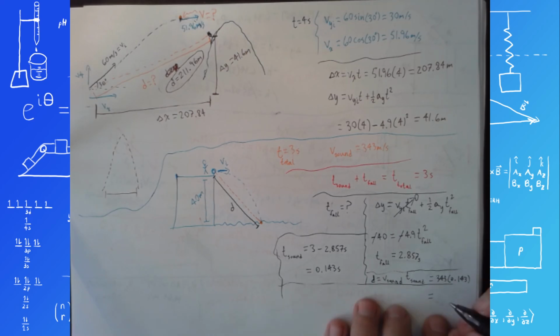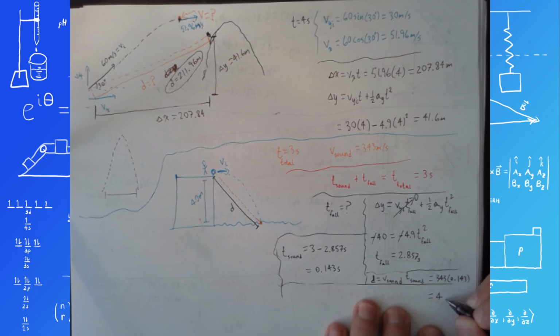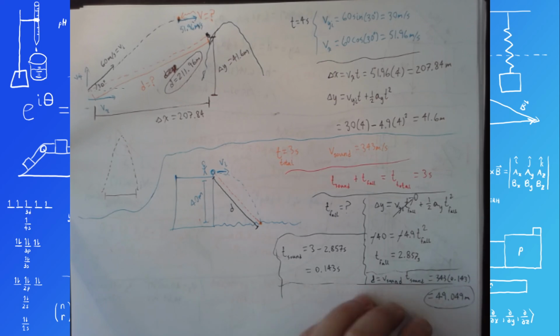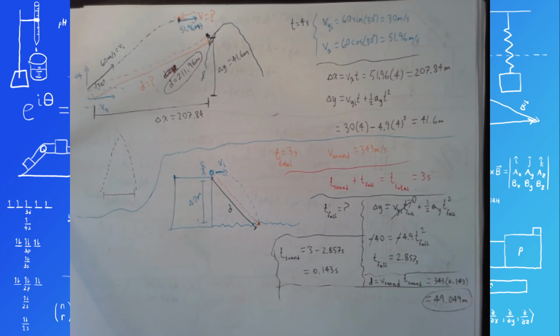I'll keep it unrounded. 49.049 meters. Maybe I should have boxed it instead of circling it, but whatever.